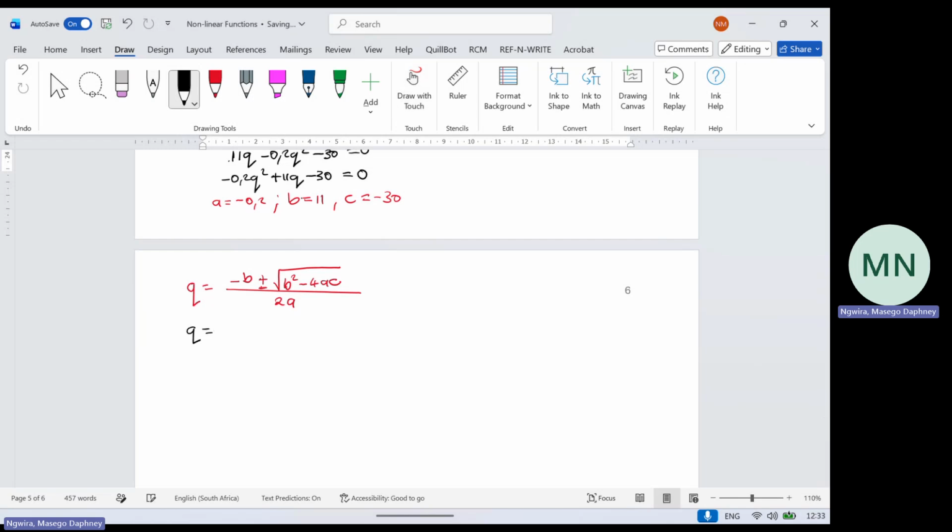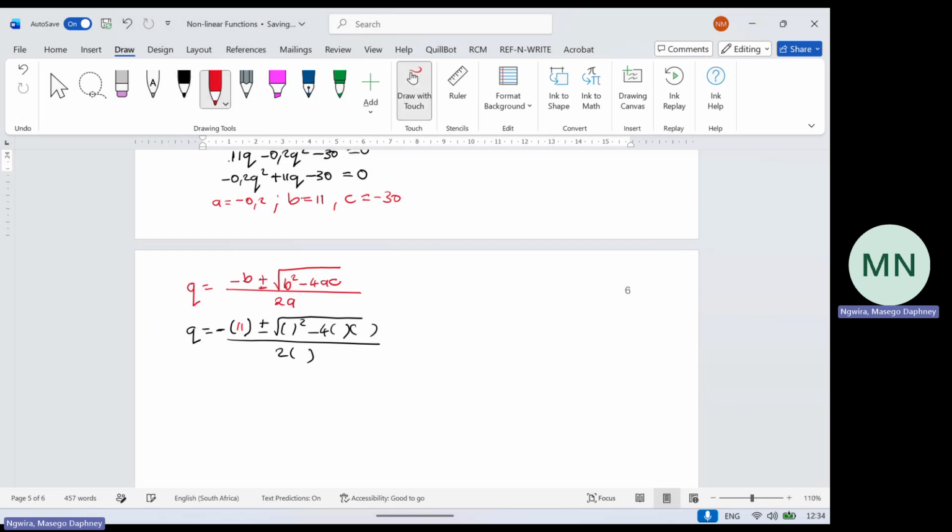So this will be q equals negative b. Our b is 11. Then this is plus or minus the square root of b squared minus 4. I'm just using brackets because I want to substitute with the red. And this is 2.